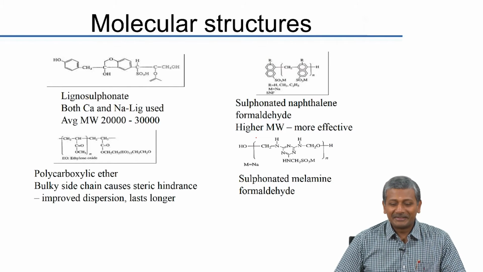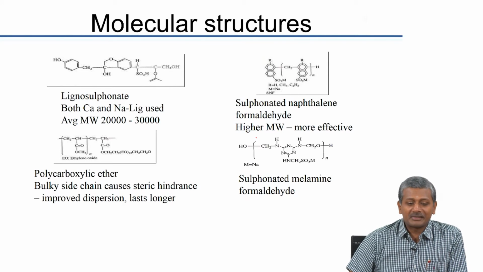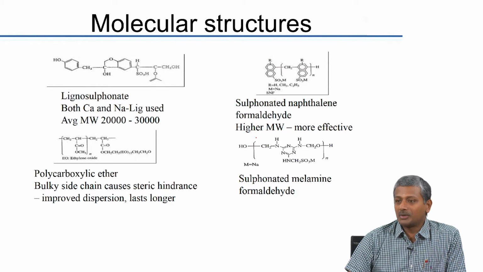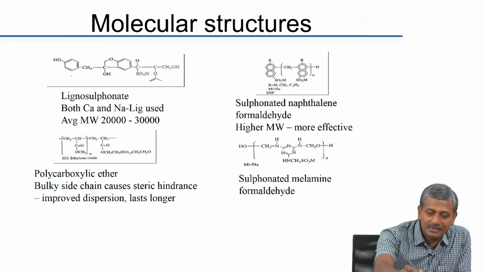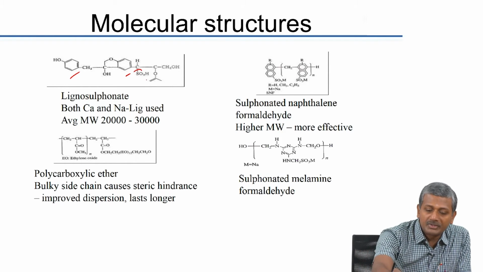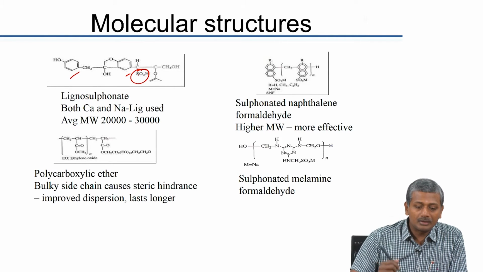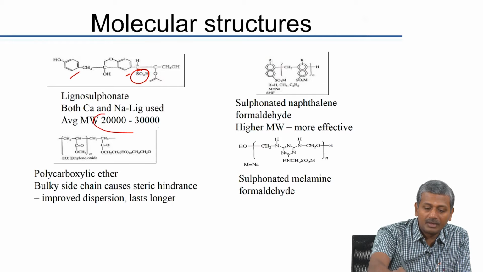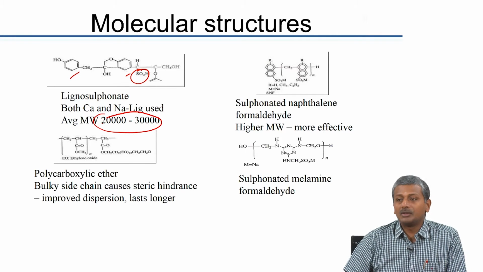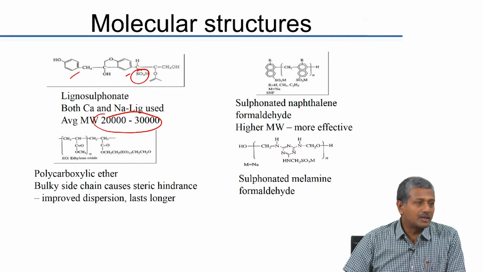So, in terms of molecular structure, of course you are all experts in organic chemistry, so I do not have to explain this too much to you. Essentially the molecular structure defines the structure of the monomeric unit. In lignosulfonate you see that there are several benzene rings, and then you have the sulfonate group which is attached to the long chain here, and the average molecular weight is about 20 to 30,000. The higher the molecular weight, the more the effectiveness of the admixture.